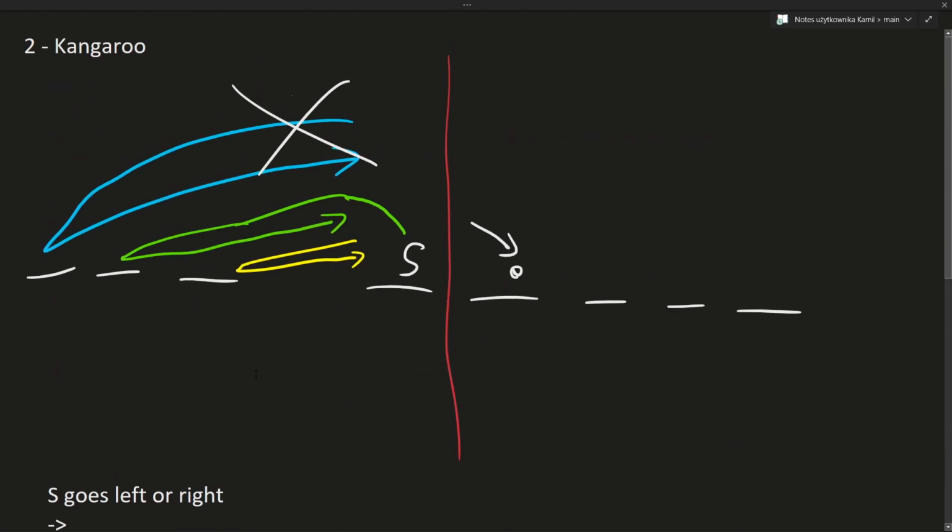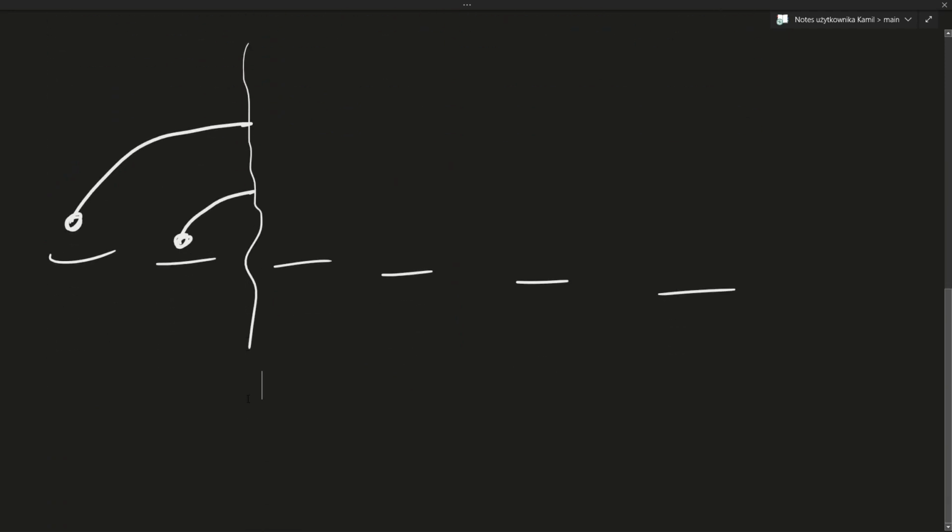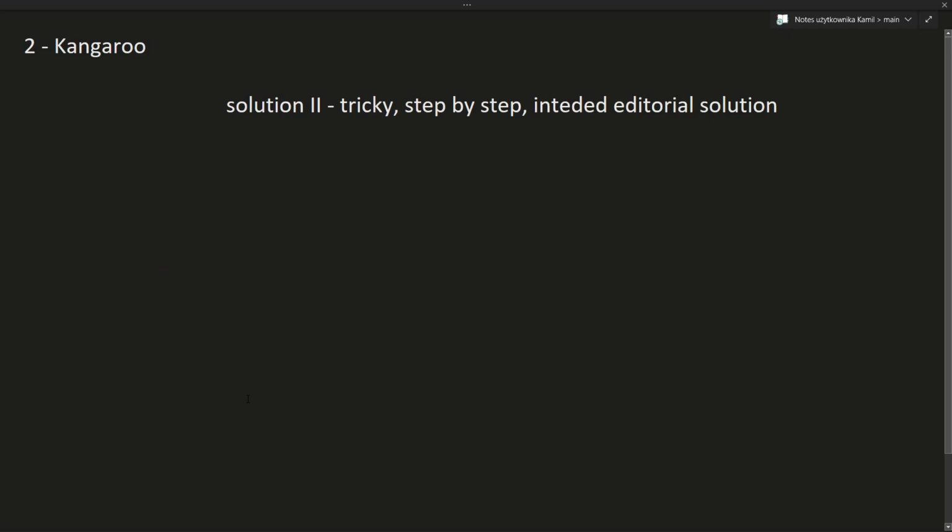That was solution number 1 for kangaroo. Solution number 2, and that one actually is explained by the editorial, and it's explained in a very strange way by the editorial. I have a different explanation, but at the end the code is the same. Step by step refers to the order in which we consider DP.